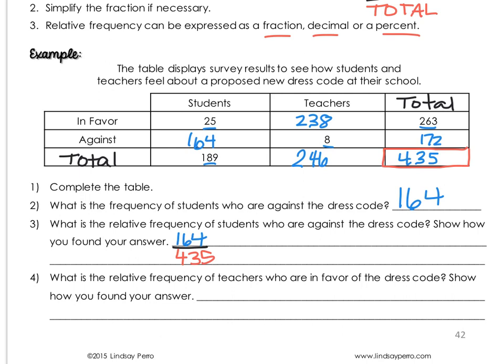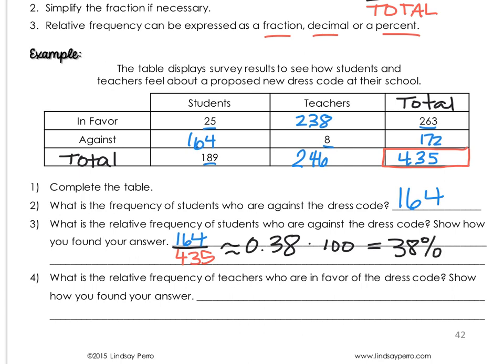If you want to just leave your answer as a fraction, you could stop, or since we find it easier to compare decimals, you could use your calculator and divide the numerator by the denominator, and that'll give us about 0.38. If I multiply that times 100, that is about 38%.